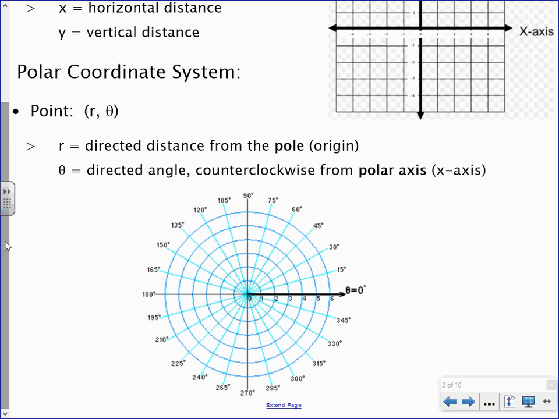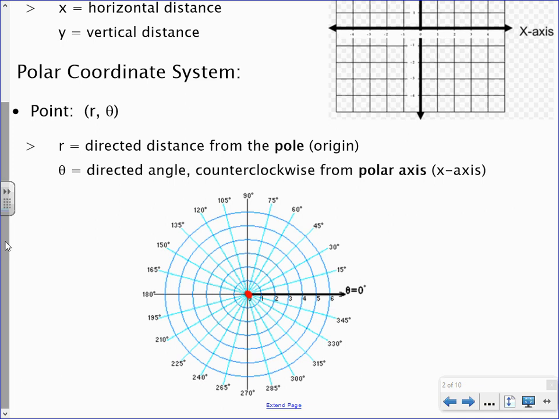We don't call this the origin anymore. We call it the pole. You'll notice on the back side of your activity, you have those funny looking dartboards, is kind of what I would describe it as. That's a polar coordinate graph.